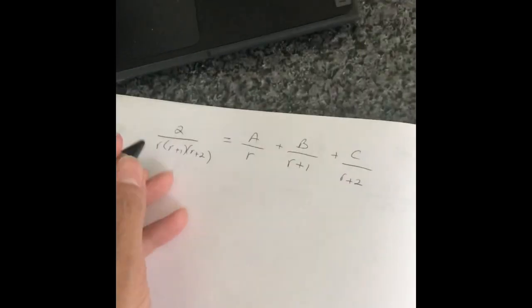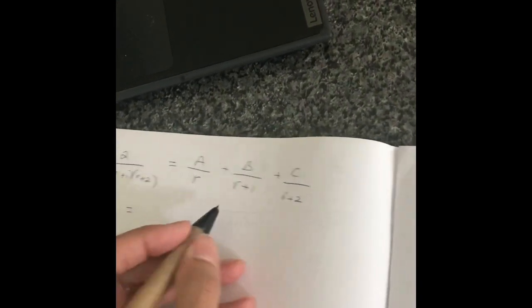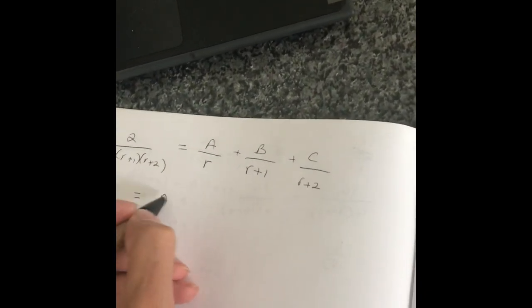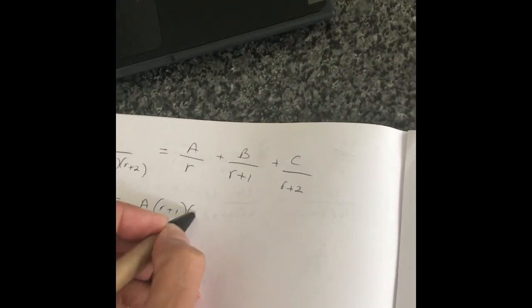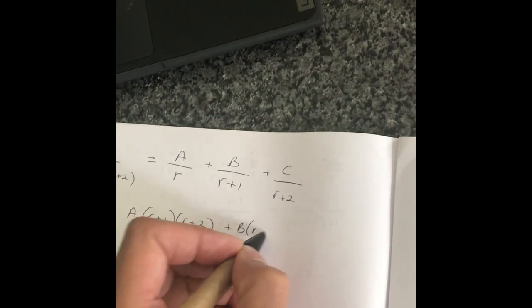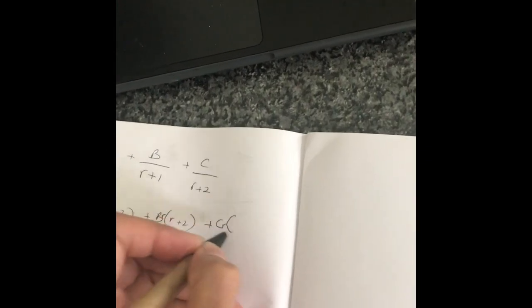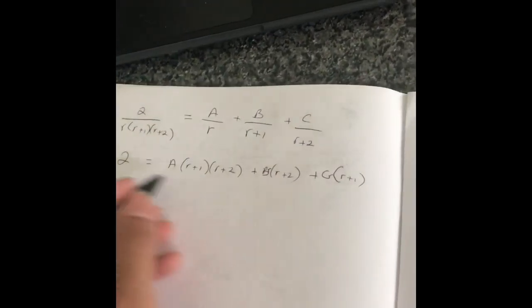And then just like before, I would times through by my common denominator, which would be this bit here. And I would get 2 is equal to A(r plus 1)(r plus 2), plus B times r(r plus 2), plus C times r(r plus 1). And then I just sub in some values of r to make some of these brackets 0.